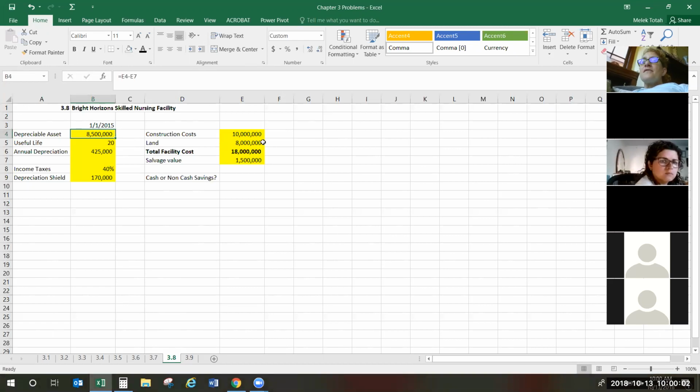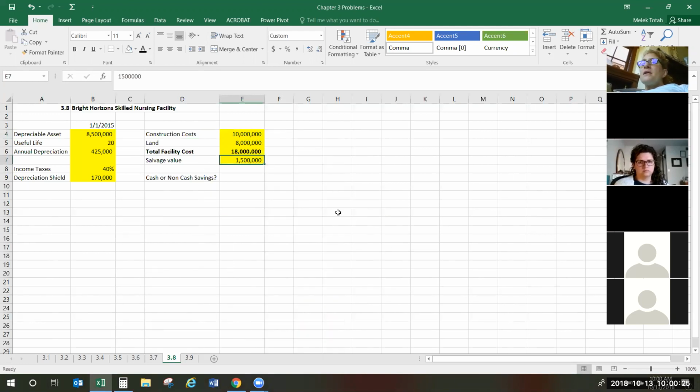So you have to say land is not something that depreciates over time. So you're not going to include land in your calculation for depreciation. You're only going to include the construction costs. Now we happen to know in this example in the book, it says that the salvage value is 1.5 million.